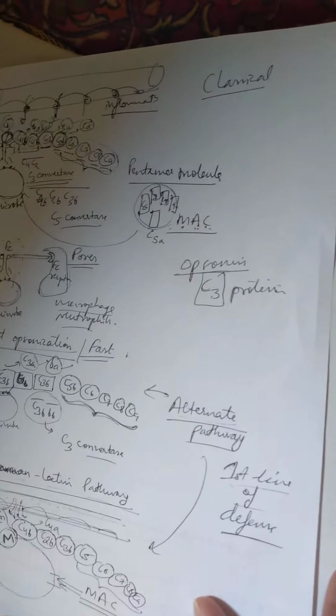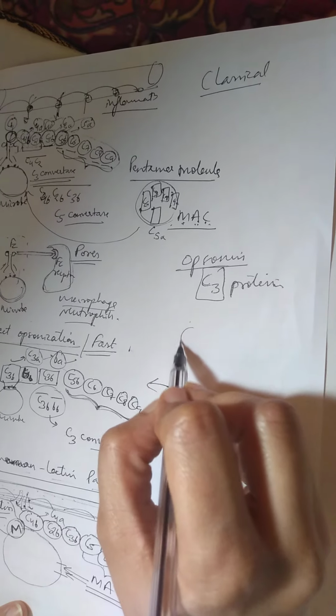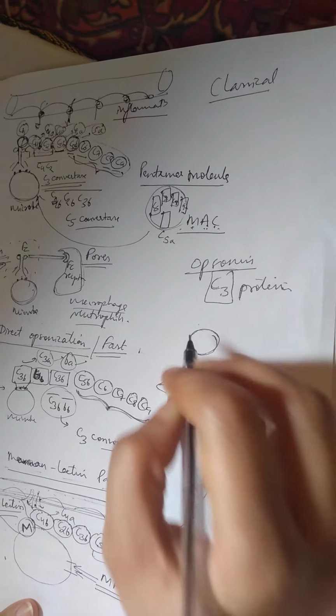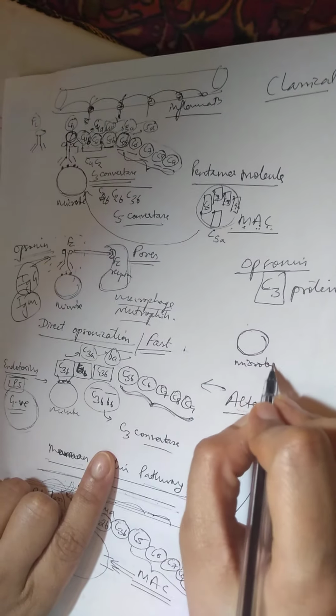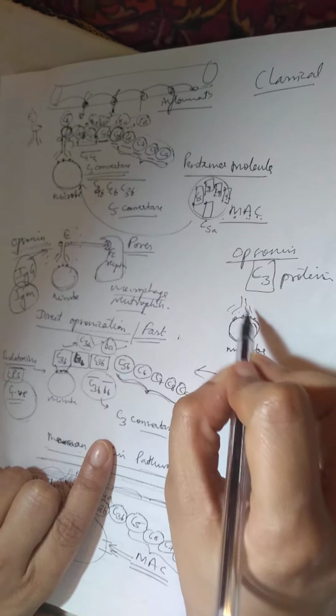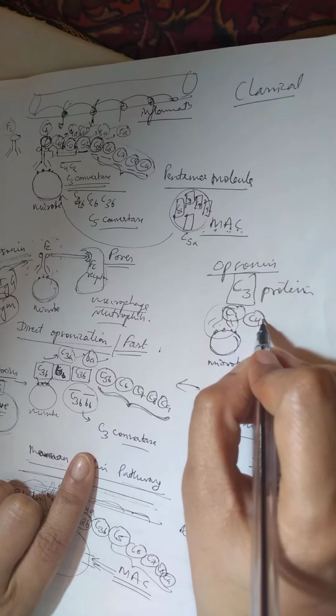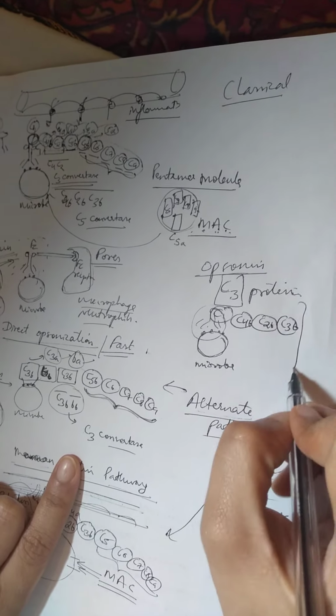But sometimes what happens is there will be a similar initial pathway. A microbe will be there, antigen will be there on the membranes, the antibody will be forming a complex, then the C1 will be activated, C4b will be there, C2b and C3b. That's it, up to here.